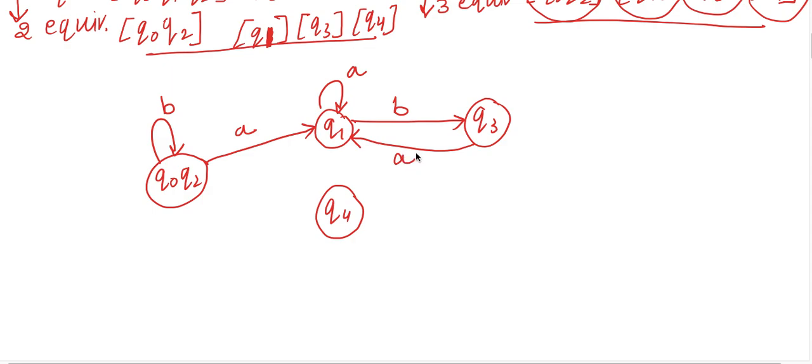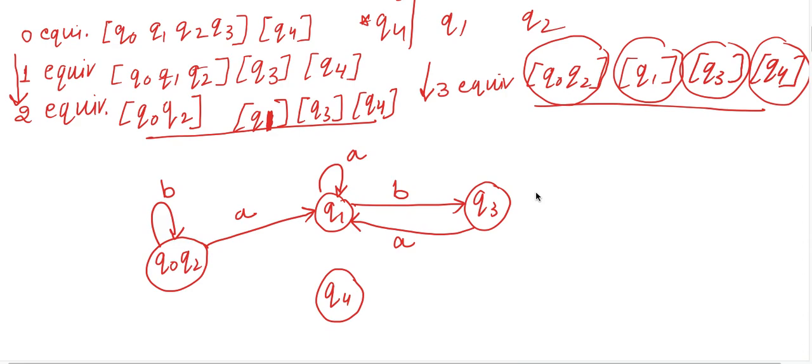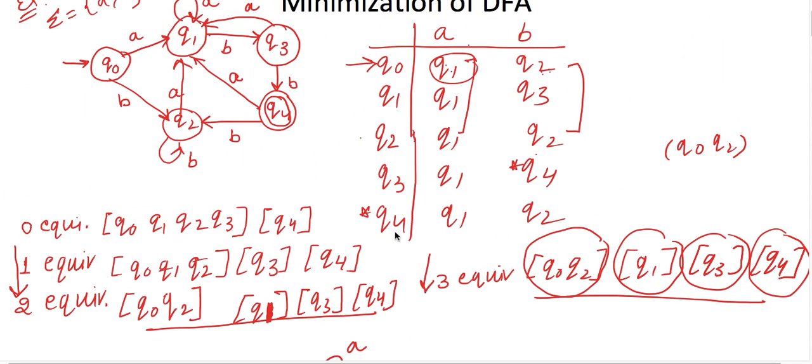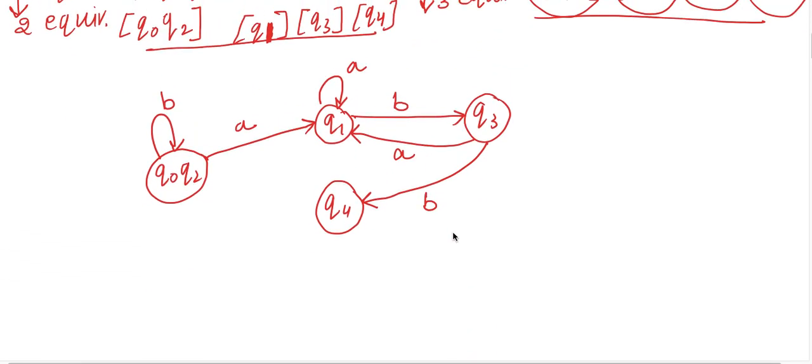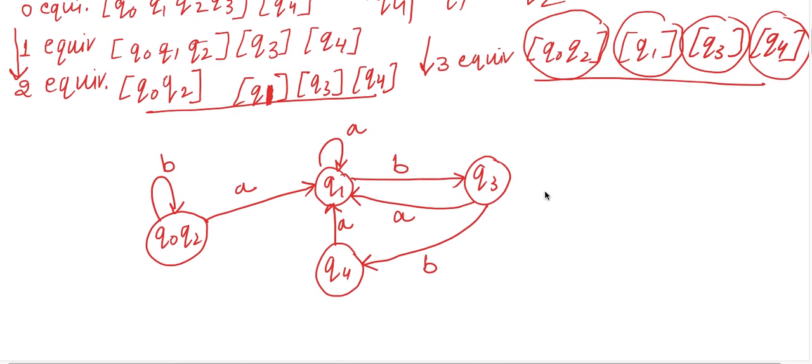Q3 on B is going to Q4. Okay, now check for Q4. Q4 on A is going to Q1. Now Q4 on B is going to Q2.